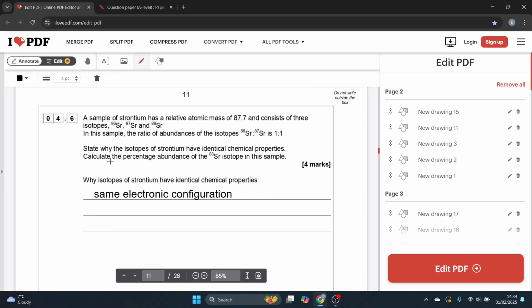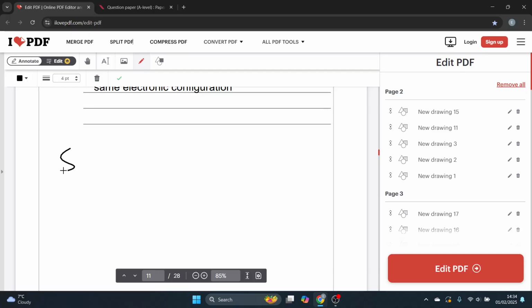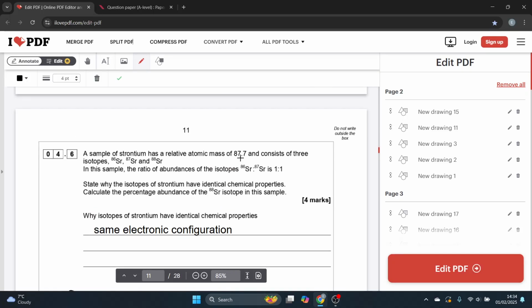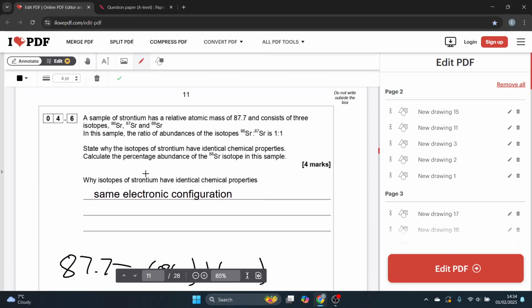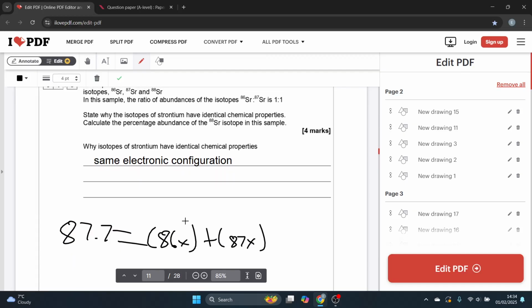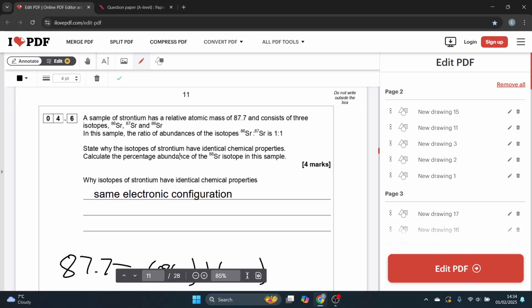Well, I know relative atomic mass is 87.7, and I know I've got 86Sr to 87Sr is 1 to 1. So it's just going to be 86 times x, so 86x plus 87x. Now what happens to the 88Sr? Well, now I've got 2x, and the total is 100.